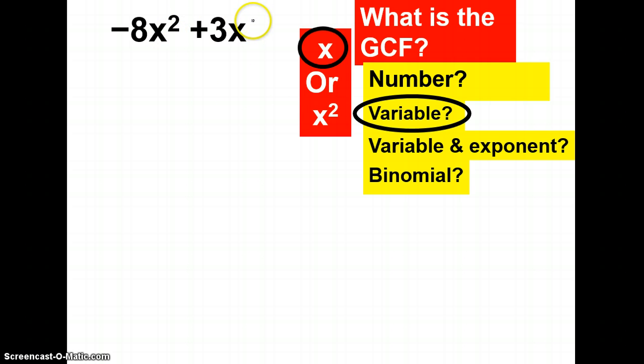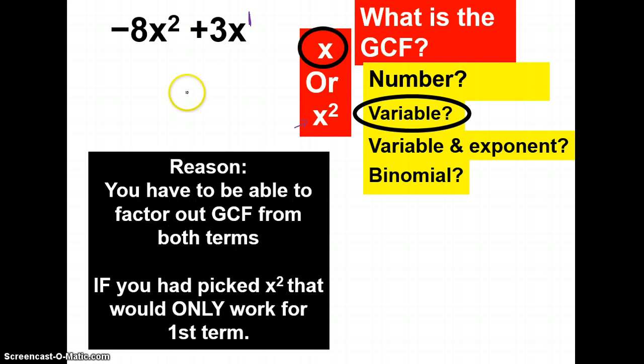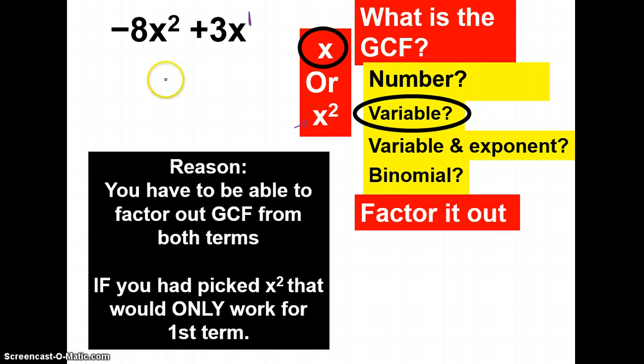But remember, this one only has one x to divide out. So if I did use this, I wouldn't have enough to divide out. And the reason, if you had picked x squared, that would only work for the first term.